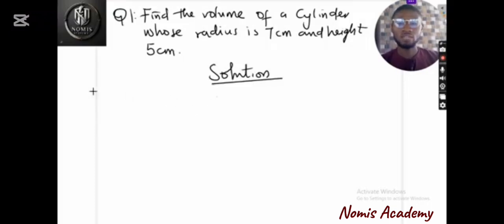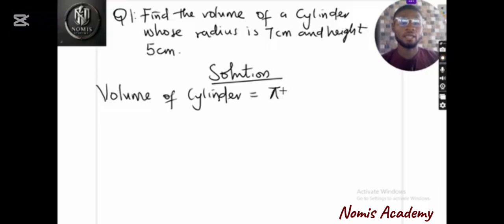So having known that the volume of a cylinder is equal to pi r squared h, and you know the value of pi is 22/7, therefore this should be 22/7 multiplied by, what is the radius as it is given? 7 centimeter.